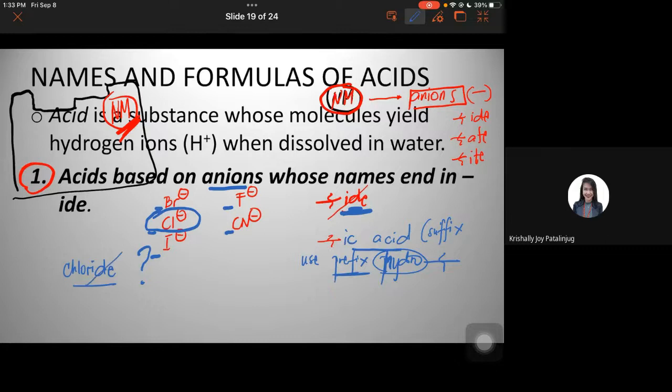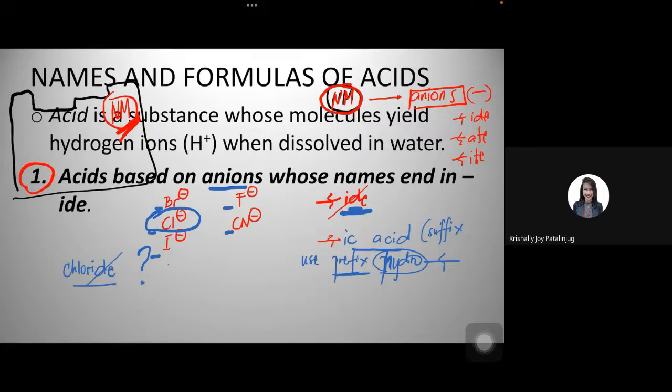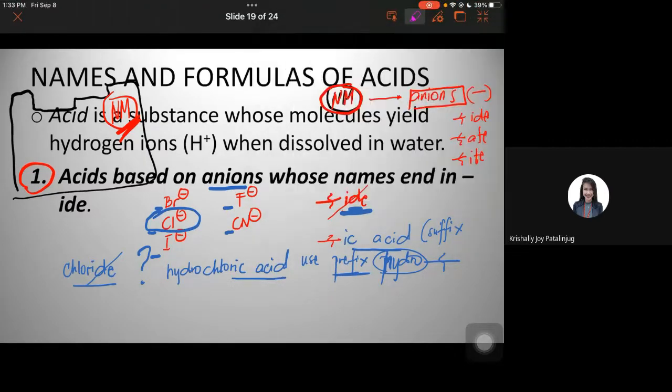The name of that acid would be hydrochloric acid. Look at what happened. We changed the ending IDE to ic acid. And we added a prefix, hydro. Prefix again is added to the first part of the word.